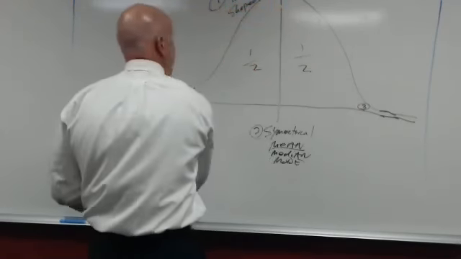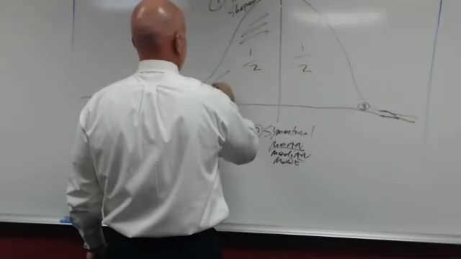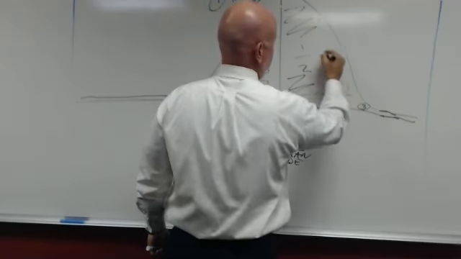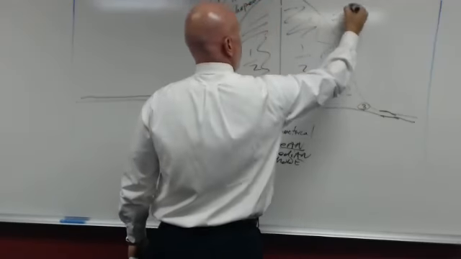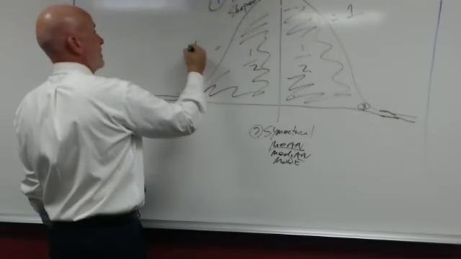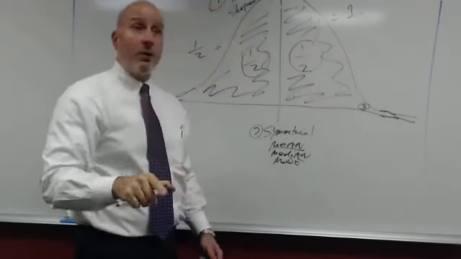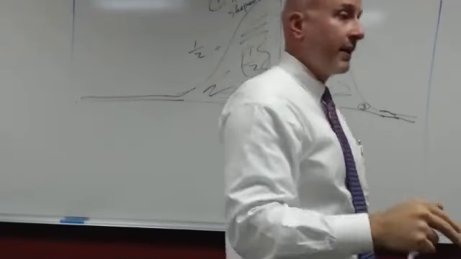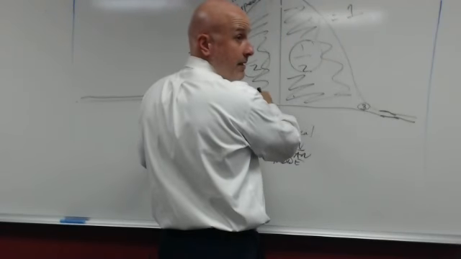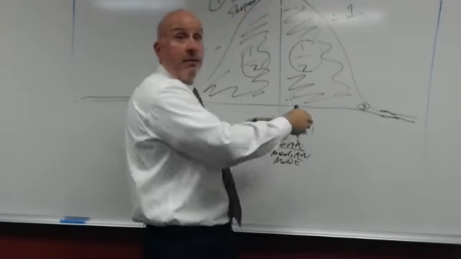One. All right, so everything in this curve, and notice I put 1/2, 1/2. Everything under this curve equals 1. Remember, the total area under the curve is equal to 1. I have 1/2 to the left of the mean. I have 1/2 to the right of the mean.